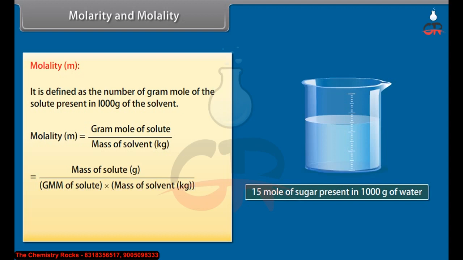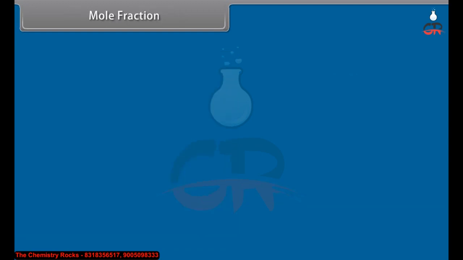Mathematically, molality m is equal to WB in grams divided by the product of the gram mole mass of B and WA in kilograms. A solution containing 1 mole of solute per 1000 grams of solvent has molality equal to 1 and is called a molal solution. Mole fraction.